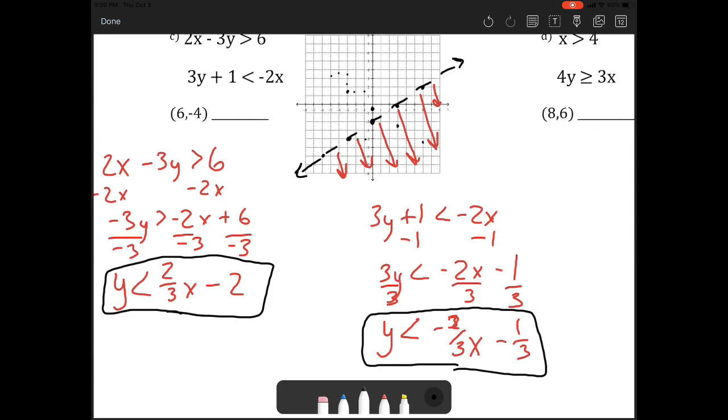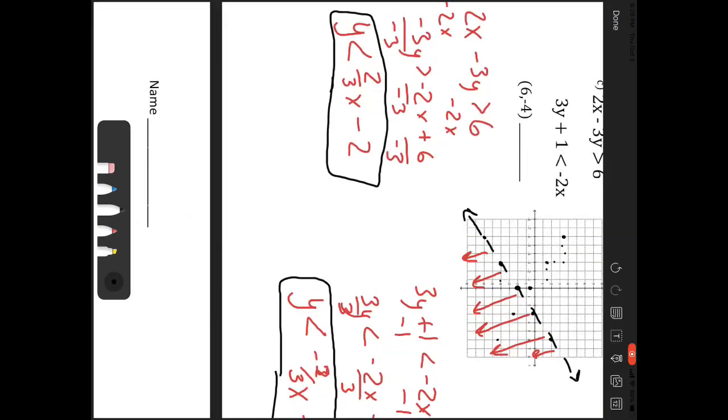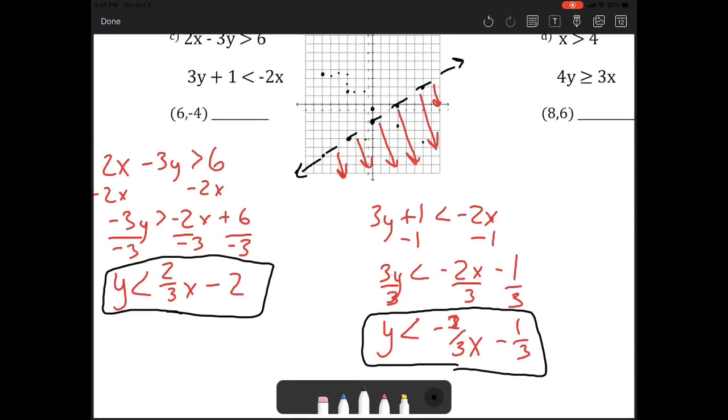There, same thing. And it's also a dotted line because it is not an equal to sign, so I'm going to have a dashed line all the way across. This one is also less than, so that means I'm going to shade everything below in this blue.